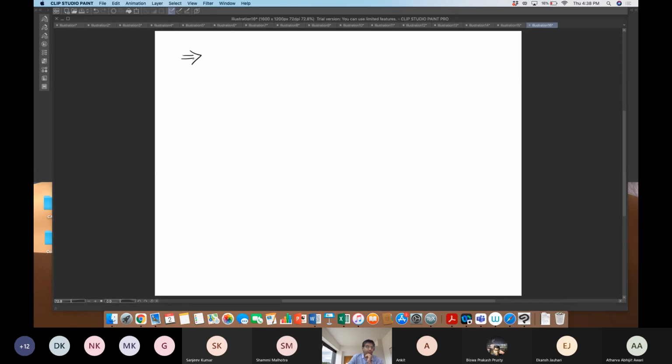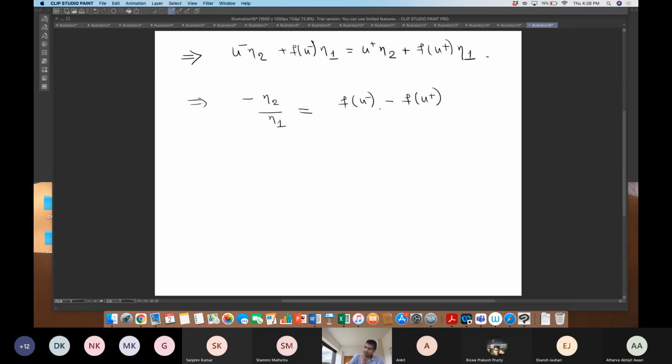So this implies u minus eta 2 plus f of u minus eta 1 is equal to u plus eta 2 plus f of u plus eta 1. And if you do this, minus eta 2 by eta 1 is equal to f of u minus minus f of u plus, by u minus minus u plus.